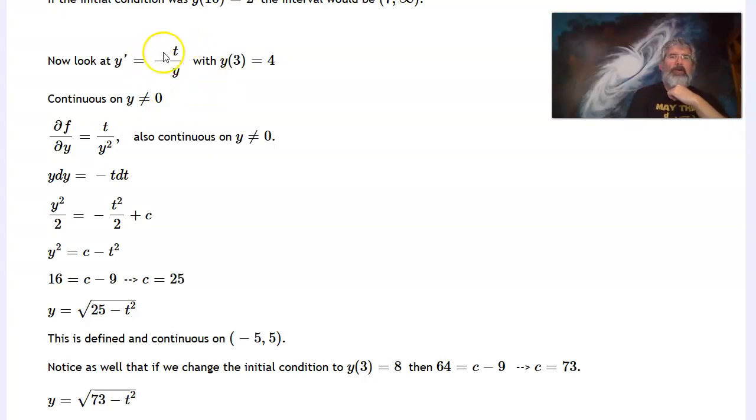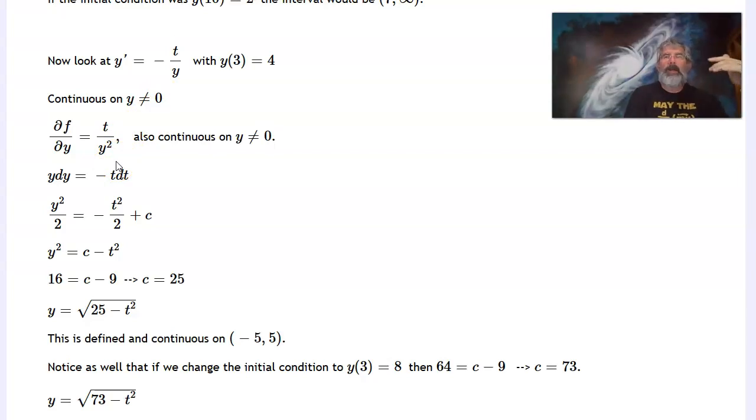This function, though, is continuous everywhere except for where y equals 0. So throughout the t-axis, anything above is good, anything below is good. The only problem is you don't want to divide by 0, and that's what's in the denominator. Likewise, if I look at the partial derivative of this with respect to y, it's t over y squared, which again, the only problem here is dividing by 0.